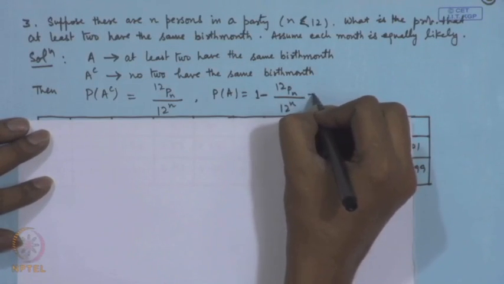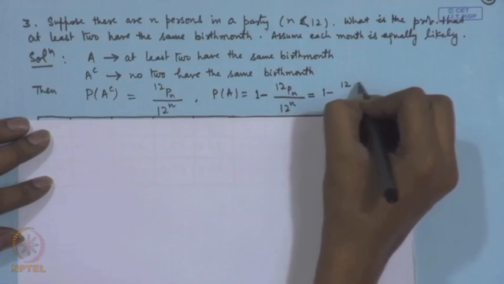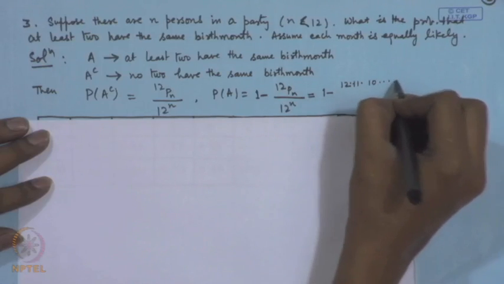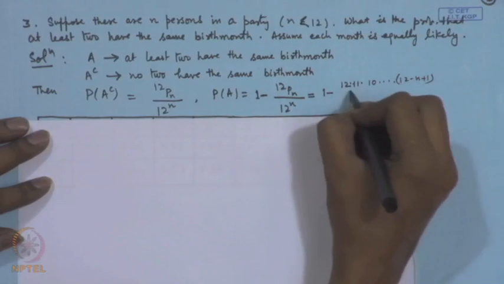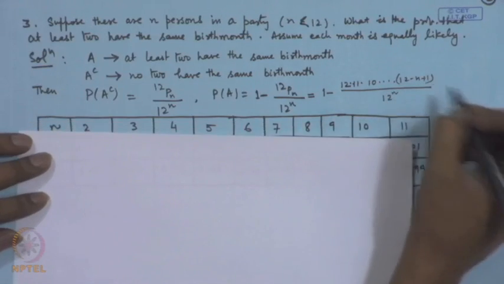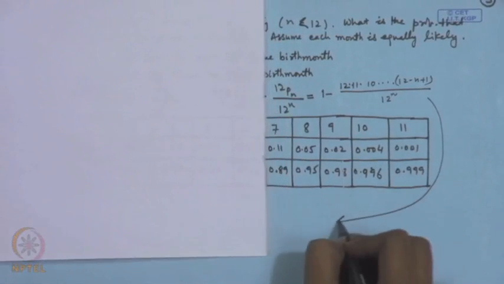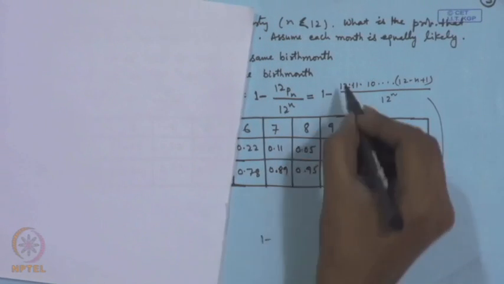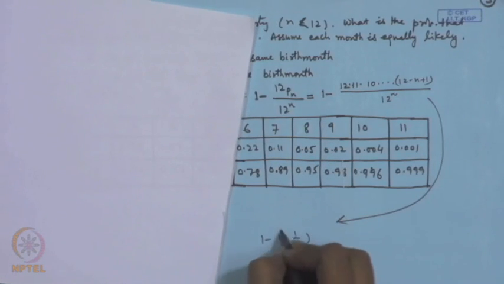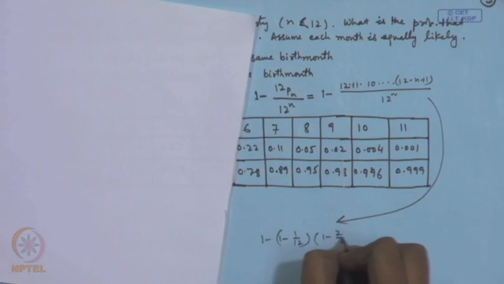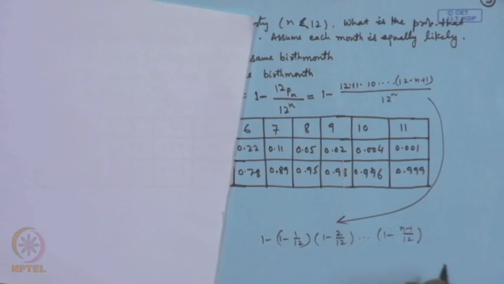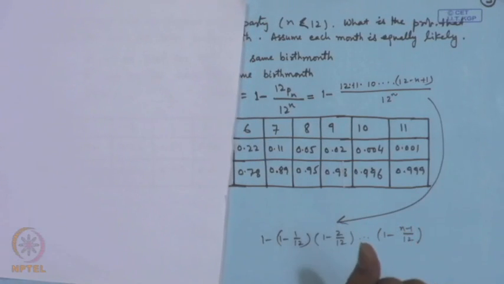Now, this can also be written in a slightly different form, 12 into 11 into 10 and so on, up to 12 minus n plus 1, divided by 12 to the power n, which can also be written as 1 minus... now, this 12 by 12 will cancel out, then you get 11 by 12, we can write as 1 minus 1 by 12, then 10 by 12 we can write as 1 minus 2 by 12, and so on, up to 1 minus n minus 1 by 12. So, this is a nice representation of the same thing.